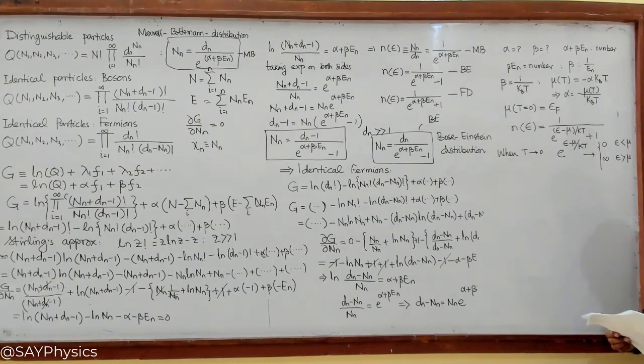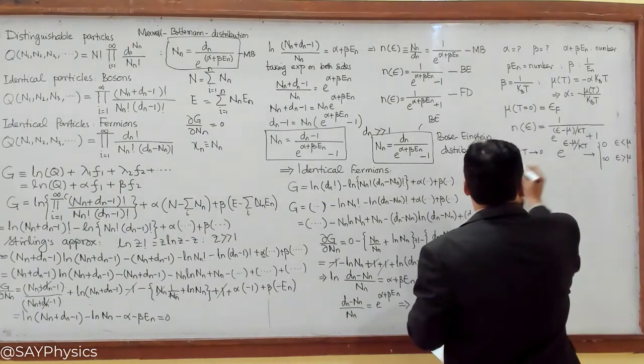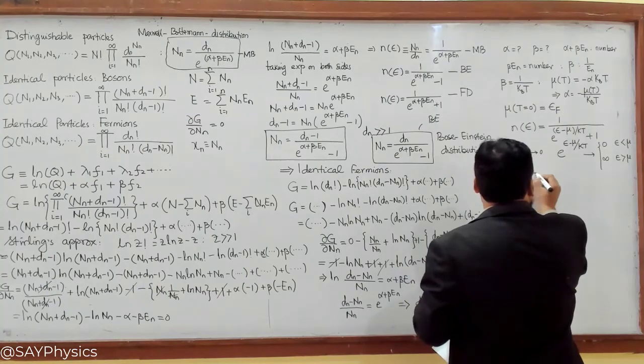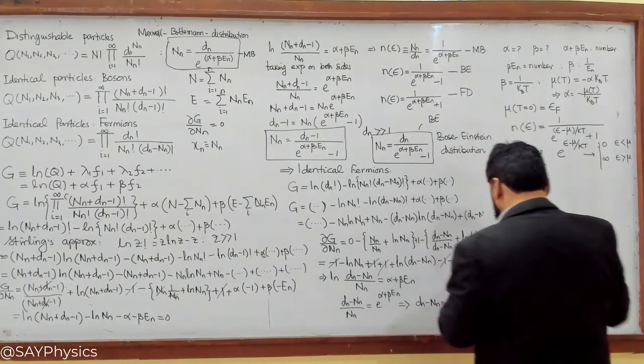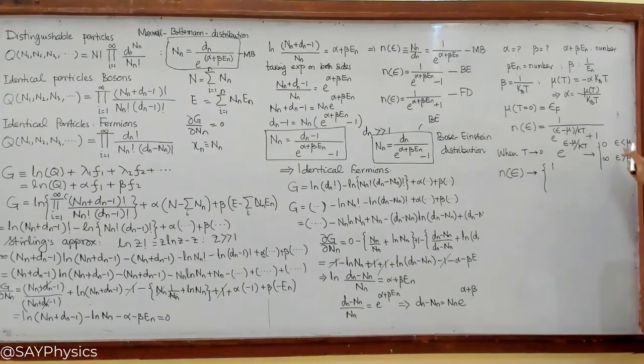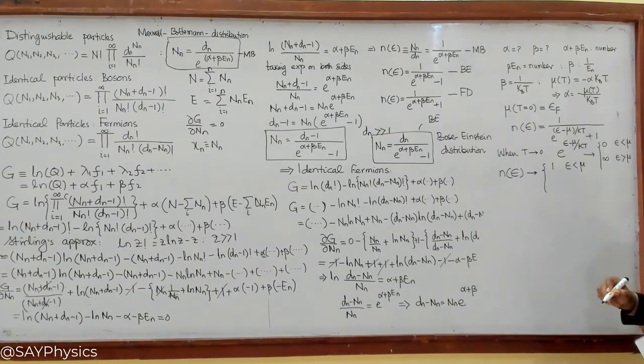And what about n(E)? What about n(E) when T goes to 0? So n(E) will go to 1 under this condition, when energy is less than the chemical potential.